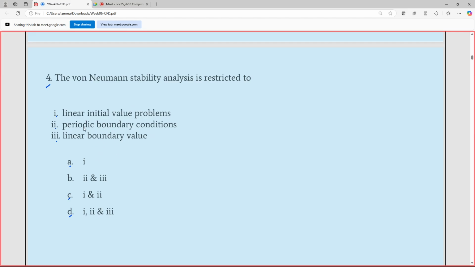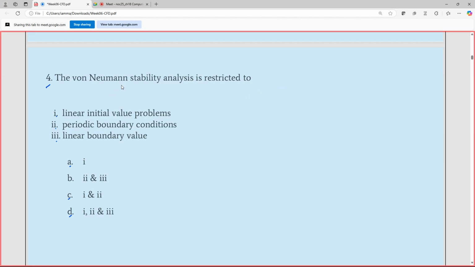You can think what is von Neumann stability analysis and which of the following problems can be subjected to von Neumann stability analysis. To refresh your memory, let me clarify.